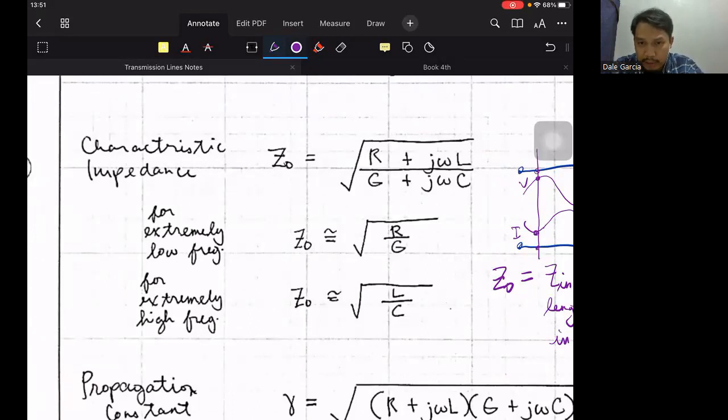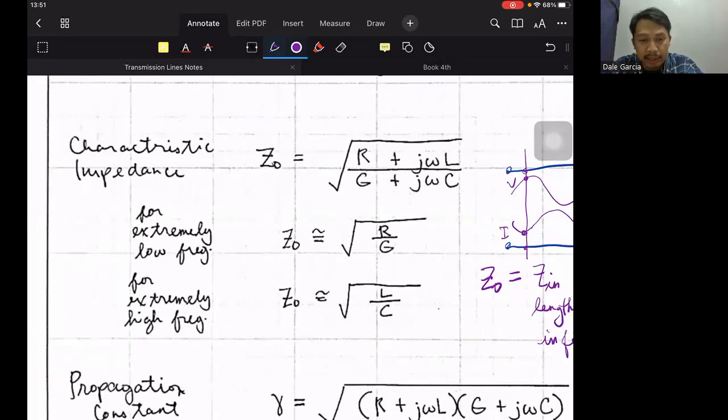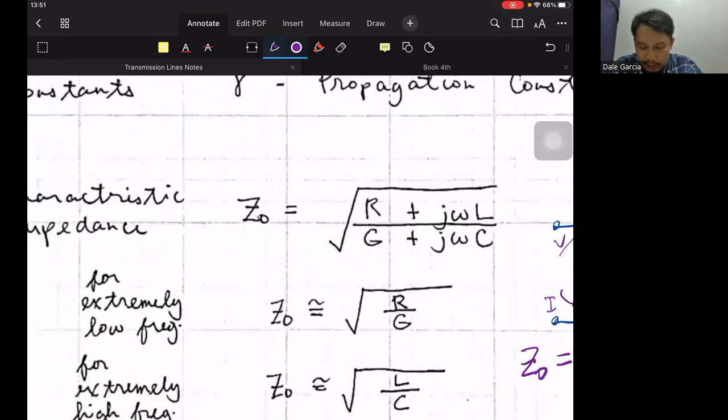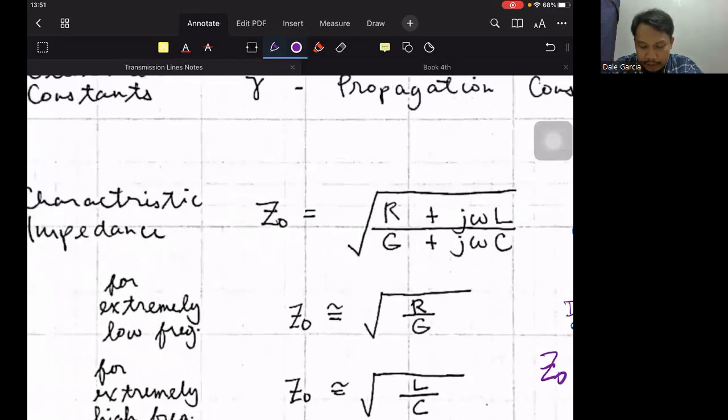Analogously, it is like the beta of our BJT before. It is its characteristic. So here is the formula: Z0 is equal to the square root of R plus j omega L, where j is the square root of negative 1, an imaginary number. Omega is 2 pi f, the radial frequency.